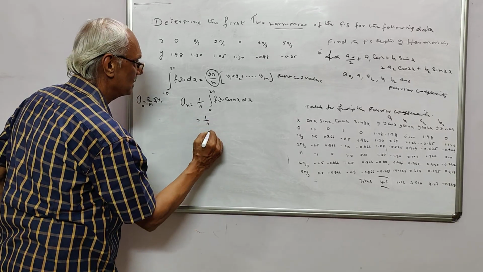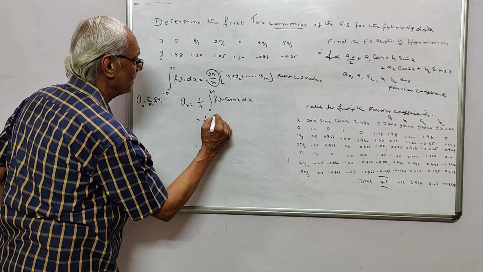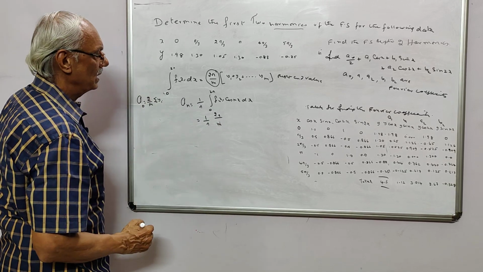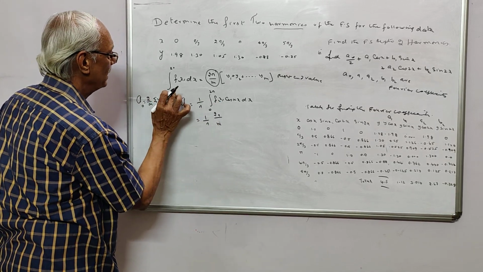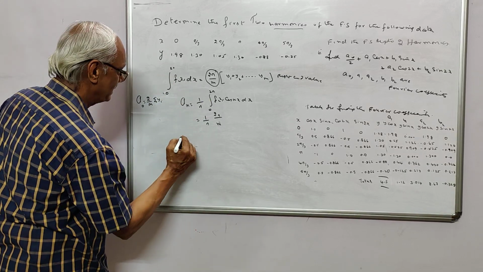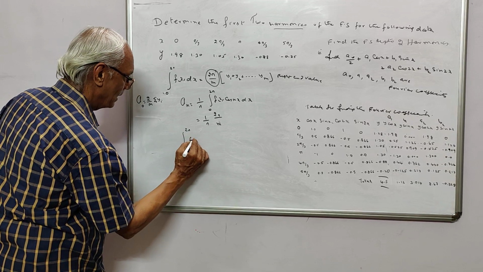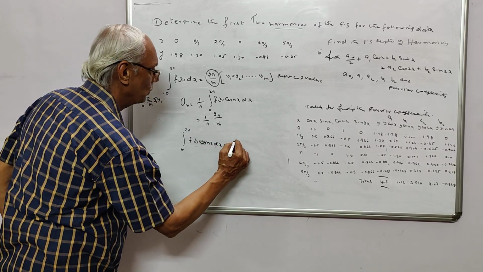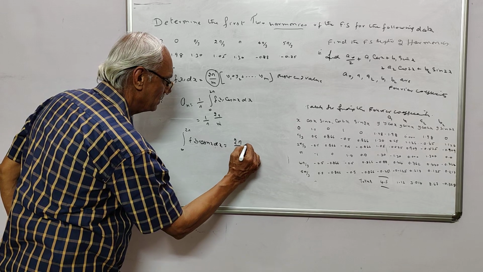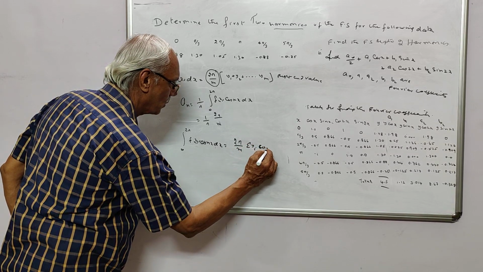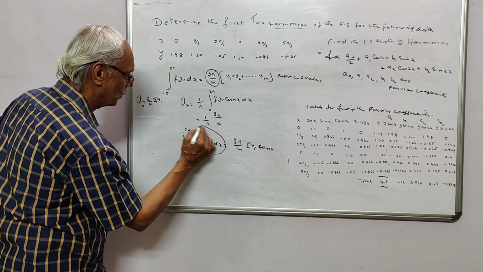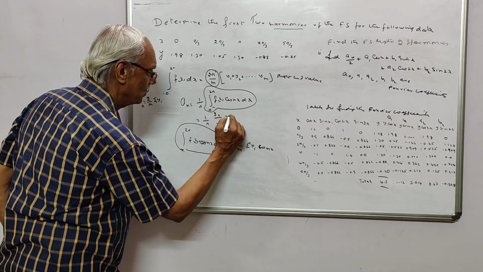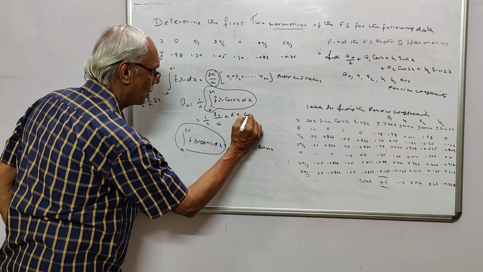So you see that the integral from 0 to 2 pi of f of x cos nx dx will be equal to 2 pi by m into sigma of yi cos nx.